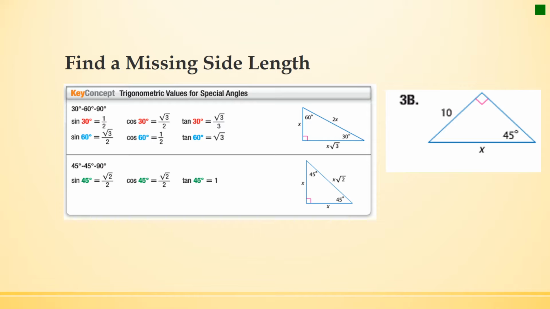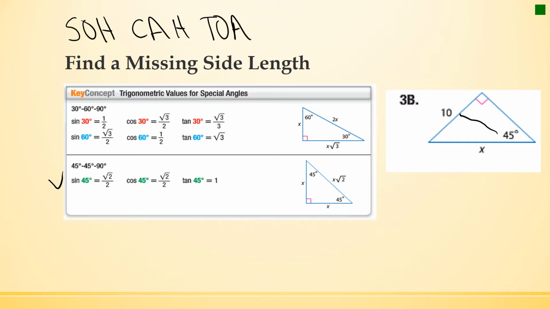It's a 45-degree triangle, so I'm going to be looking at one of these three special angles, and I'm given that this side is equal to 10. Well, that's opposite the 45-degree angle measurement, and I'm going to go ahead and write SOHCAHTOA up here so I know which way I want to go.